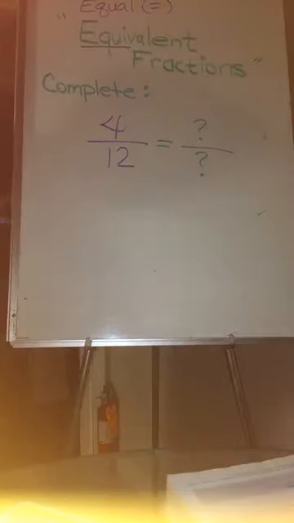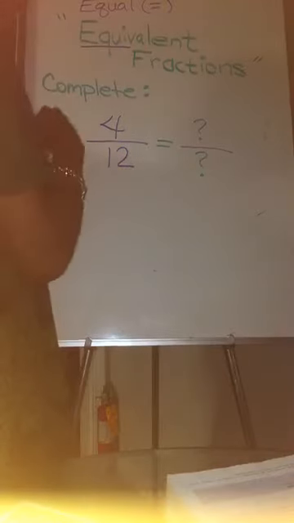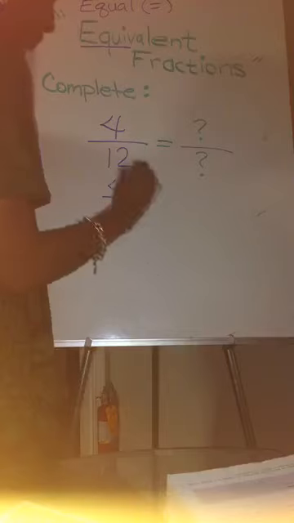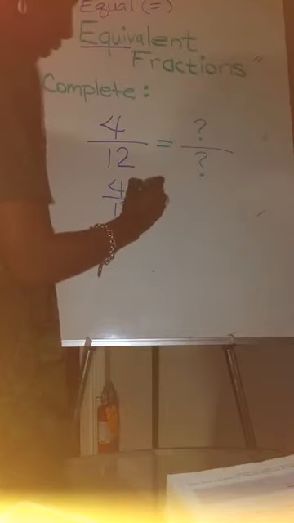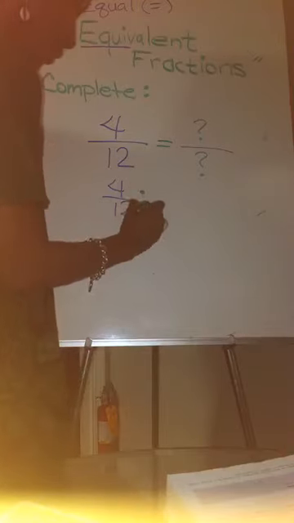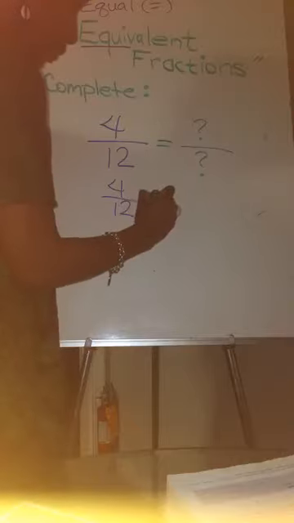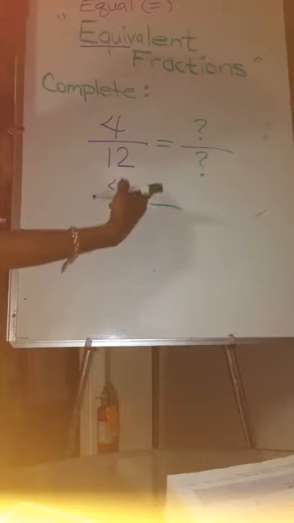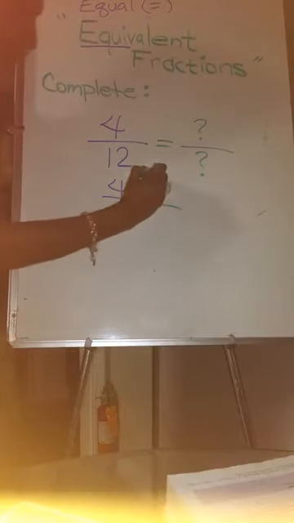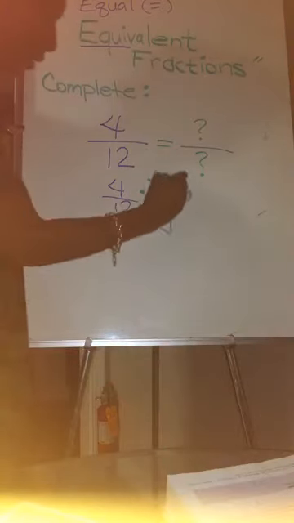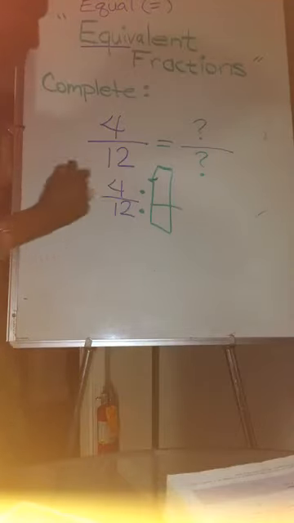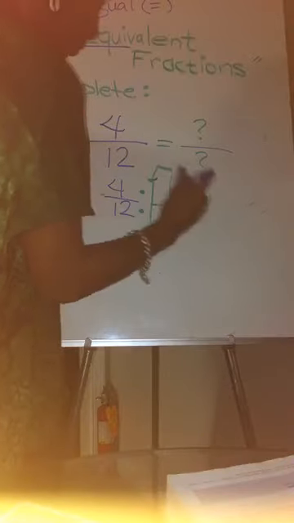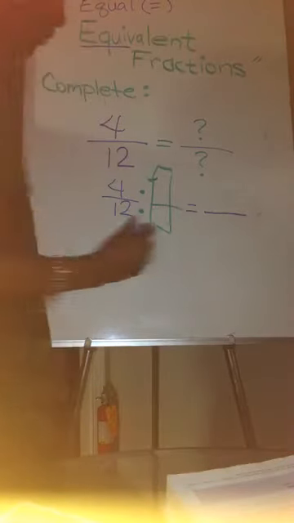So let's rewrite it. 4/12. All right, we're going to use my dot here. And remember, whatever we do in the numerator, we must do in the denominator, and it must divide out and equal 1. Kind of changing my colors here. All right.